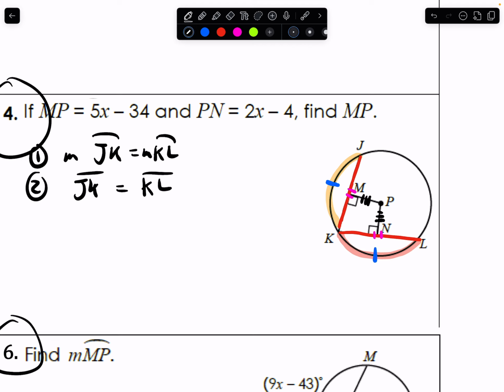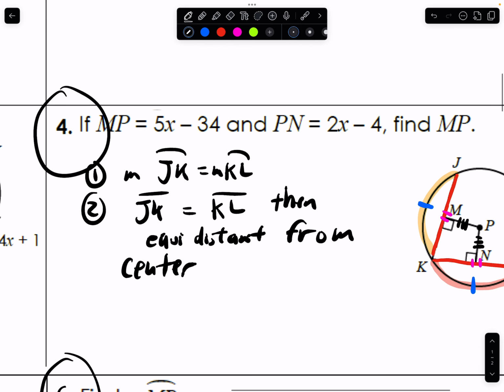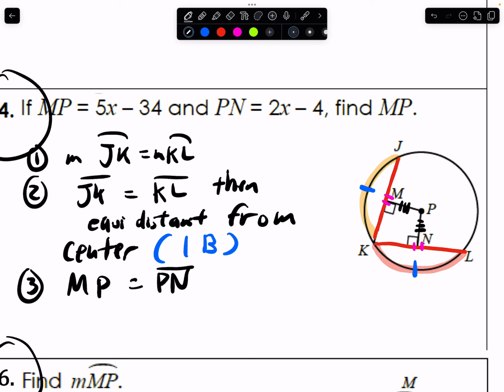That still wasn't enough, but because the chords are equal, they're equidistant from center. That's going to be 1B. That means MP is equal to PN.